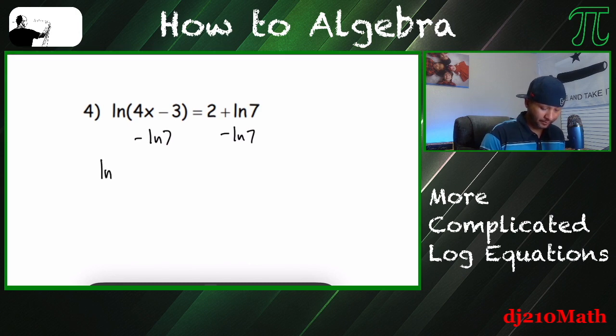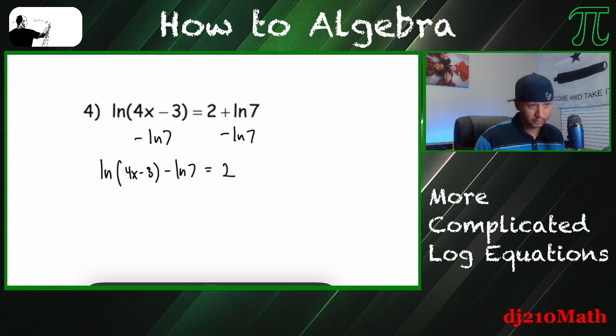Left-hand side, we get natural log 4x minus 3 minus natural log of 7, and this is equal to 2. Subtraction, so this is division. Divide the arguments.